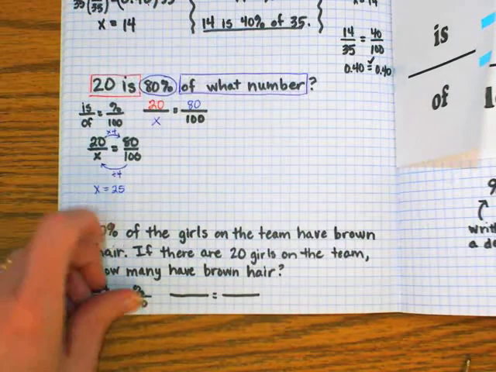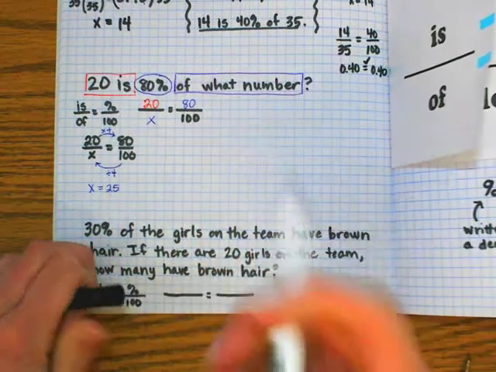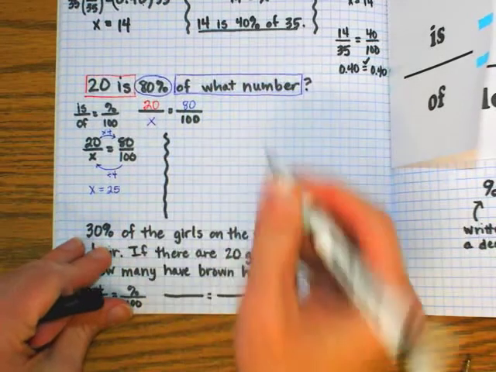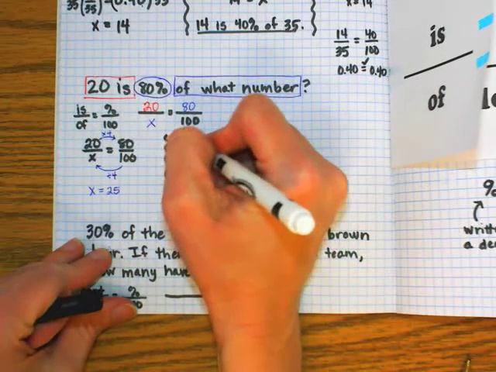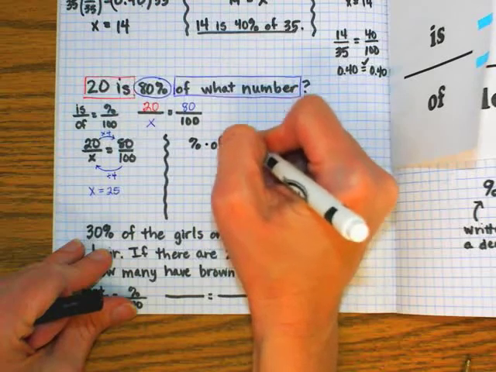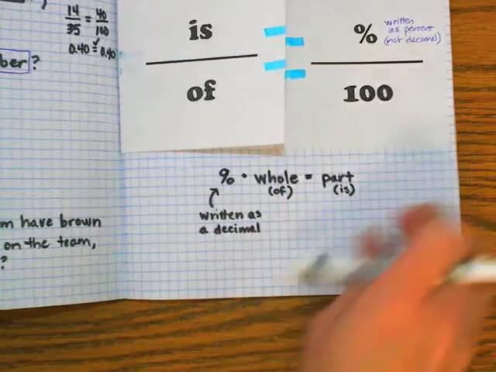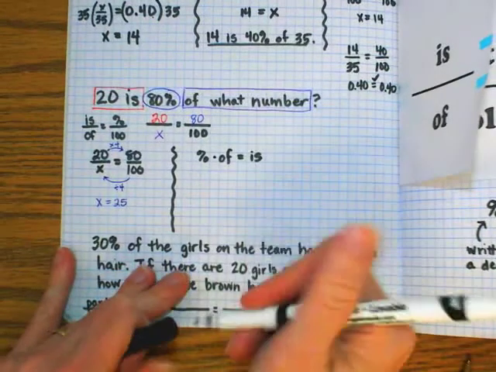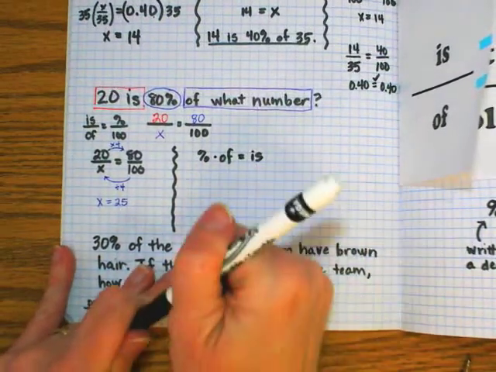Solving this another way, let's go to the percent times the of number equals is. So back over here. We know that 20 is the percent from up here.